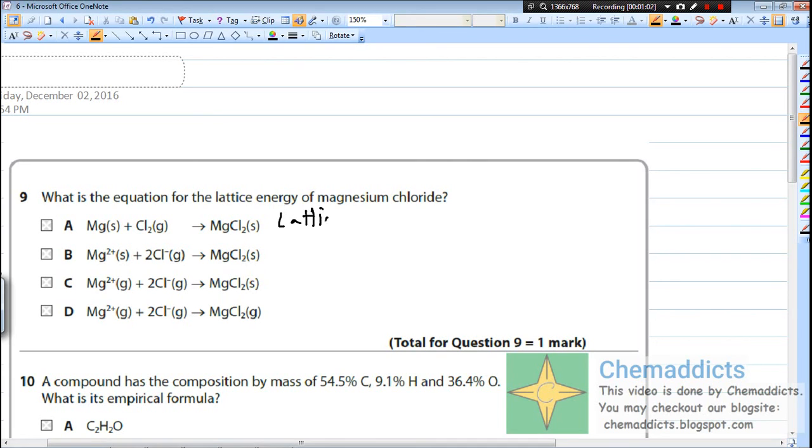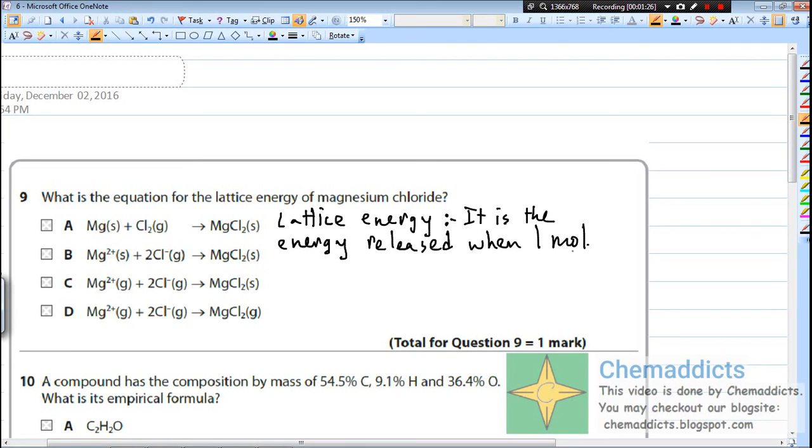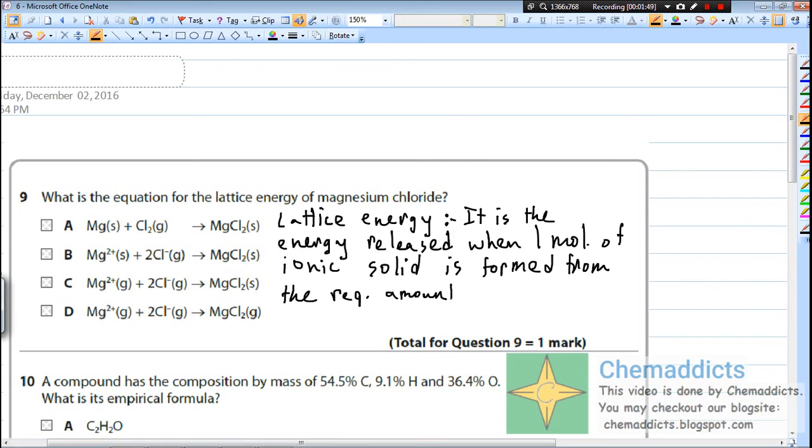Lattice energy is the energy released when 1 mole of ionic solid is formed from the required amount of gaseous ions.